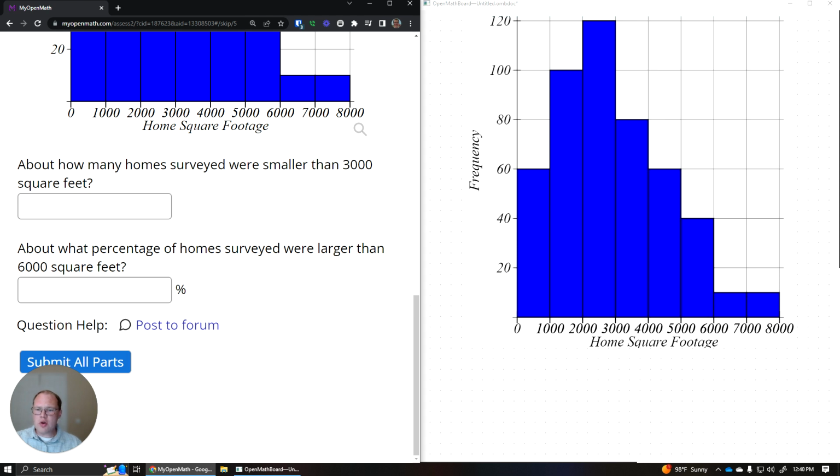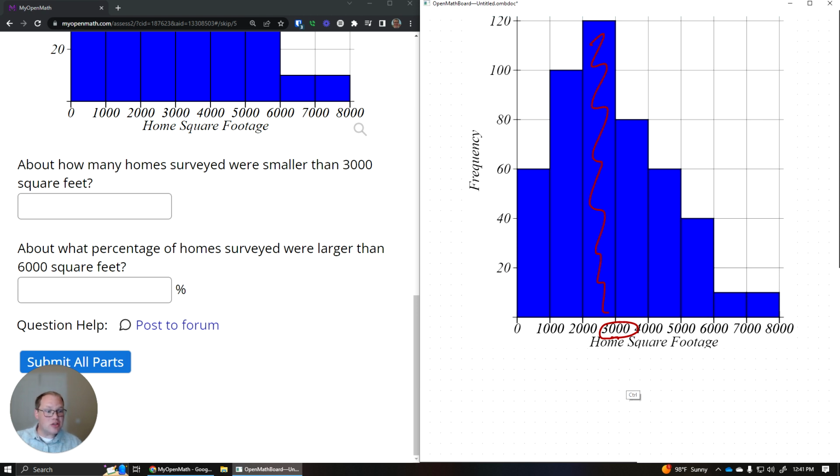So notice the "about" here. Why would that be? Well, notice in a histogram there is naturally a little bit of ambiguity. 3,000 is right here, but if your home is exactly 3,000 feet, would you be in the bar on the right or would you be in the bar on the left? It's not especially clear.